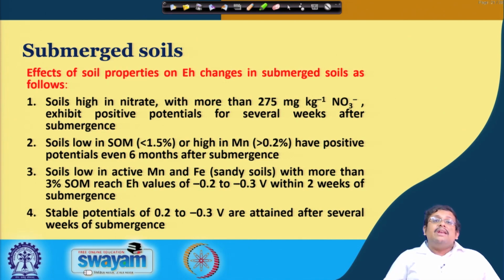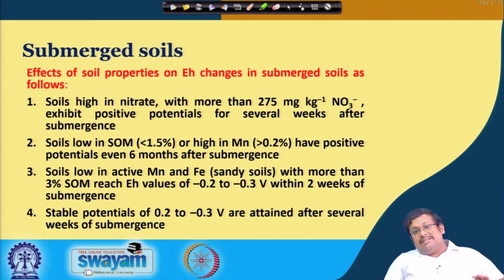Now, soil low in active Mn and iron, for example a sandy soil with more than 3% soil organic matter, reaches an EH value of minus 0.2 to minus 0.3 within 2 weeks of the submergence.